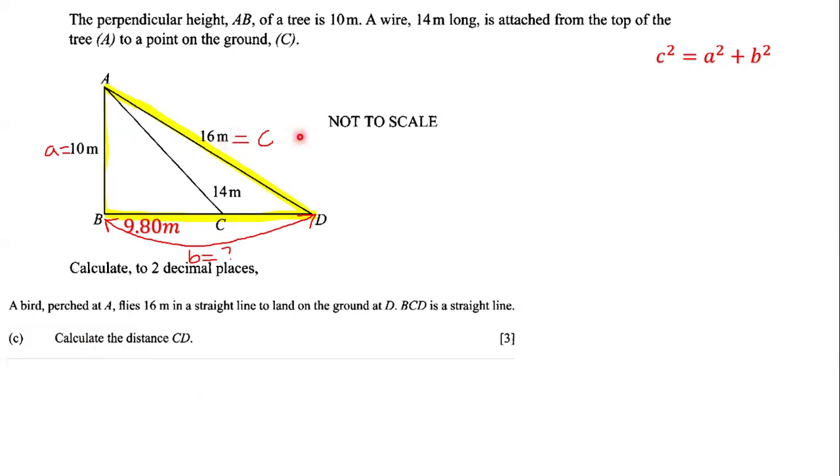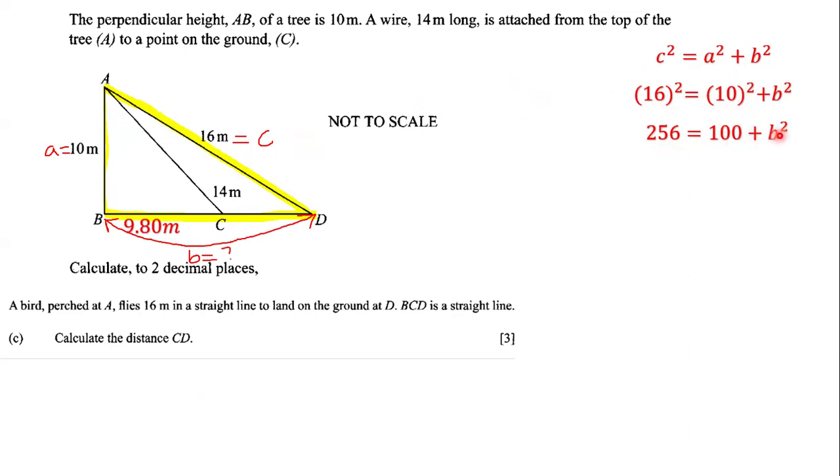Remember that C is 16 and A is 10, so let's substitute that in. We have 16 squared is equal to 10 squared plus b squared. 16 squared is equal to 256, and 10 squared is equal to 100.